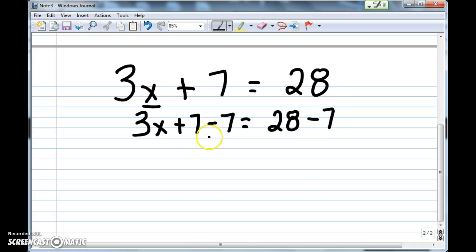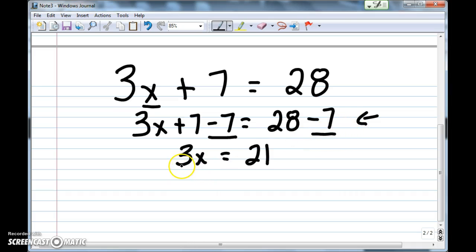We've still maintained equality because what we've done to one side, we've done to the other. And 7 minus 7 is 0. So we don't write the 0, we just say 3x = 21. Now a lot of students ask, do I need to write this step? No, it's not necessary if you can do it in your head, but if it helps you, write it.